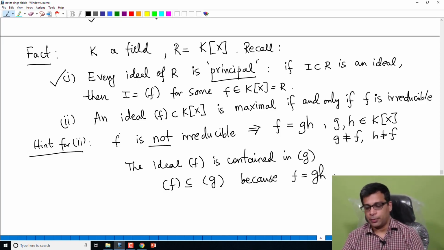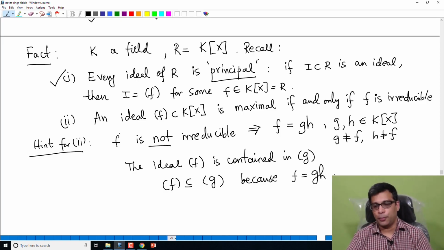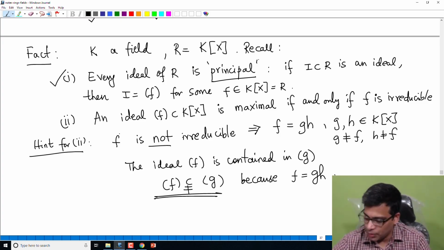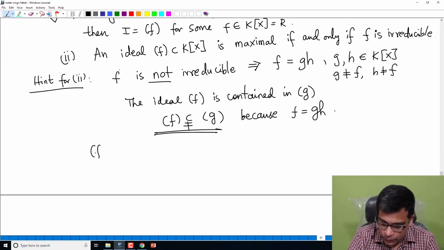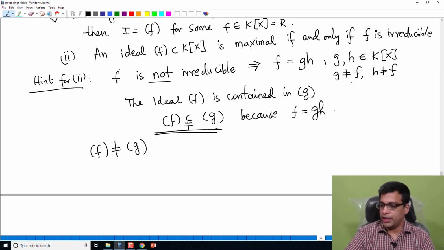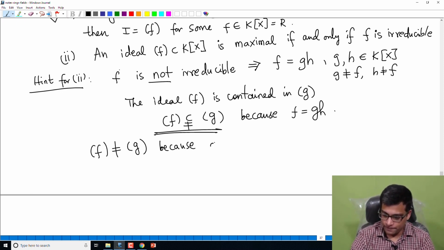Remember, the ideal generated by g is the set of all multiples of g. f is one such multiple because g times h is f. So f belongs to this ideal and it's not equal, right? It's an easy exercise to show that the ideals are not equal because g is a polynomial of strictly smaller degree.